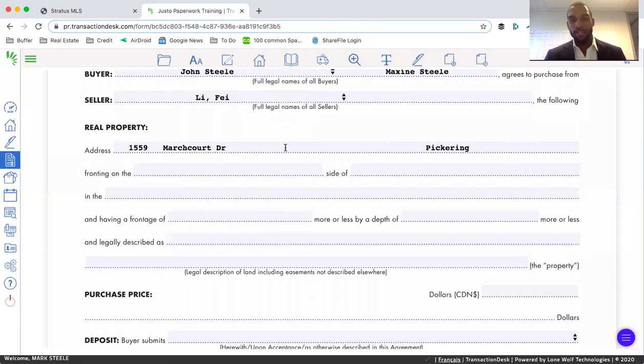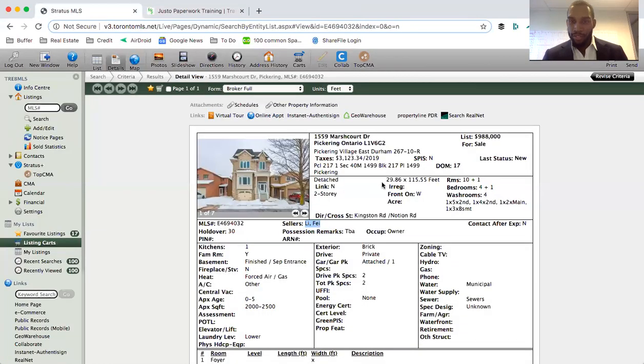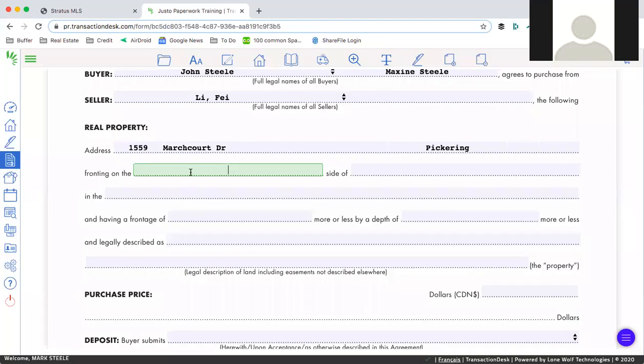So for the address, you're going to put it there. When it says fronting on, this is what you're looking for, frontage. So fronting on, this is going to be W for west, okay? Can you guys see that? Mm-hmm. Yes. Oh, perfect. So fronting on the west side of Marsh Court, you're going to put that street name there, in the city of Pickering.